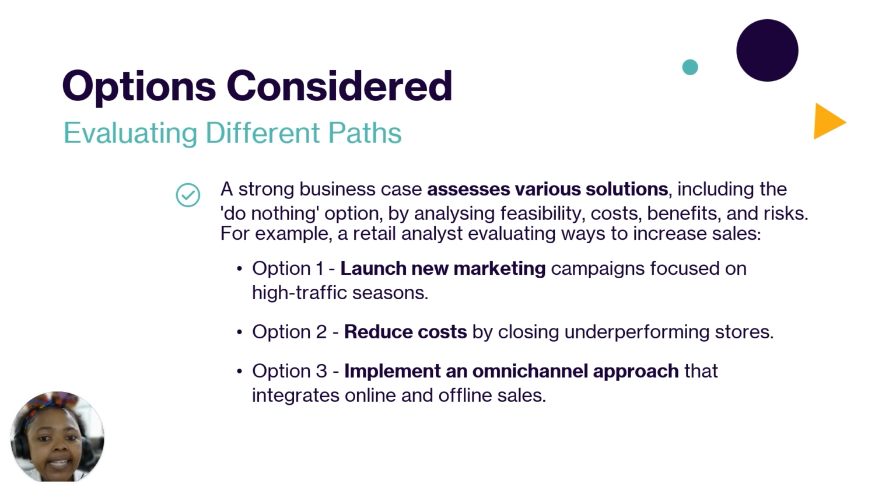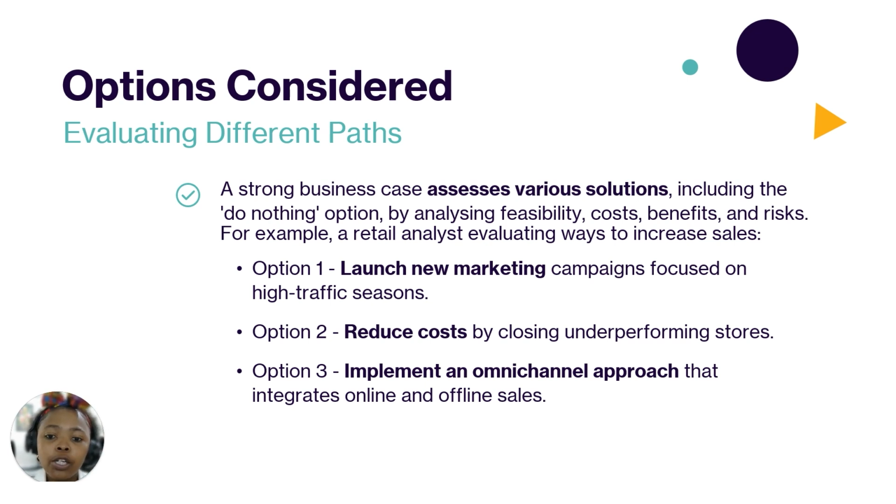Now we look at the options considered. A strong business case evaluates multiple solutions, including the do nothing option. Each option should be analyzed in terms of feasibility, costs, benefits, and risks. For example, suppose you're a retail analyst evaluating ways to increase sales. Option one would be to launch new marketing campaigns focused on high traffic seasons.